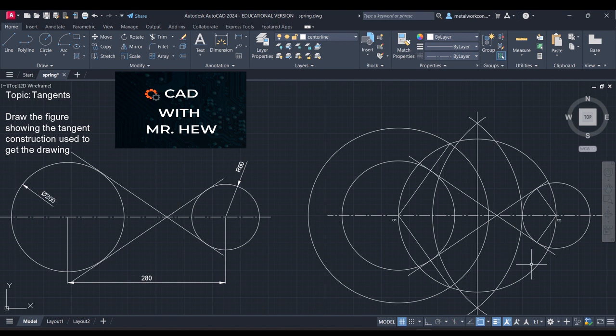Can you guess what's the next thing I'm gonna do to finish off the drawing completely? All right, so we're gonna need these lines, right? We're gonna need those. All right, so there is the finished product, or the finished drawing. Good job if you completed the drawing.